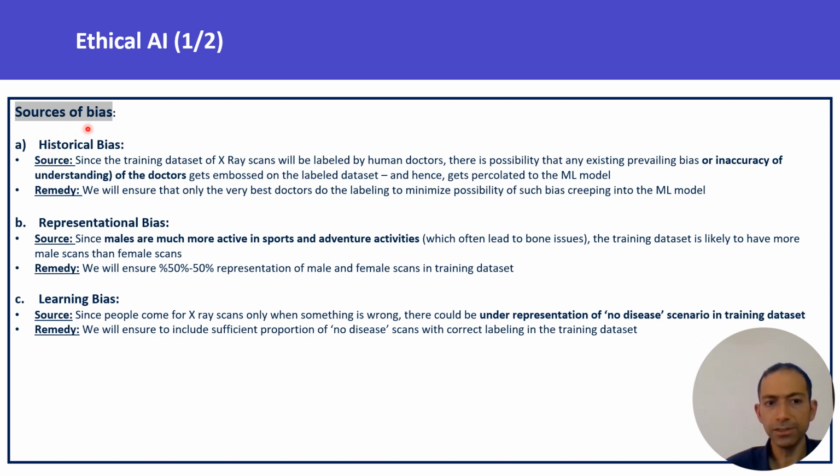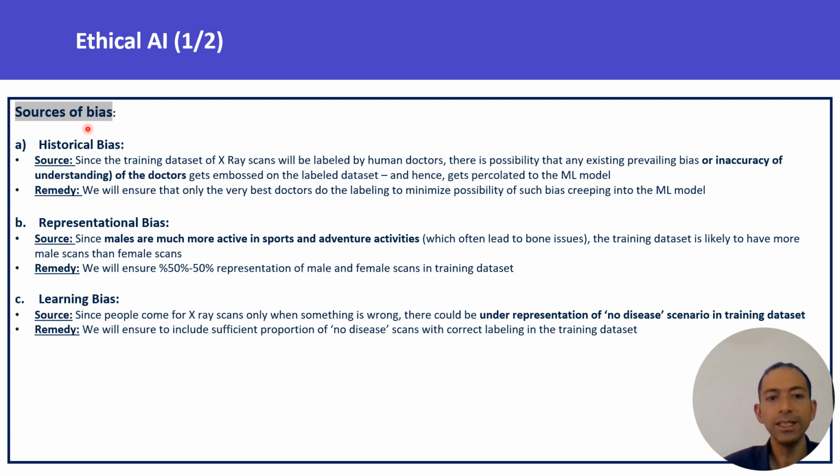So historical bias will arise because finally for the training data set, human doctors are labeling the data set. Even though they are experts who are labeling the training data set, they could also have some wrong perceptions or lack of absolute understanding. So even the perfect best doctor could only be 99% accurate.